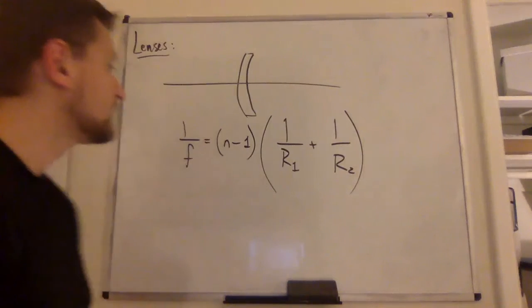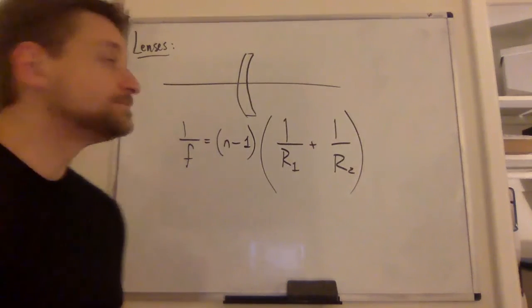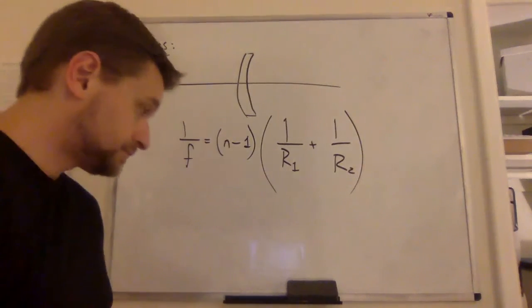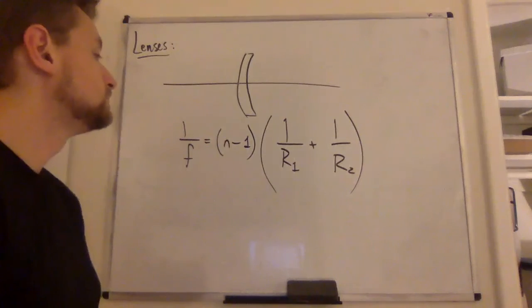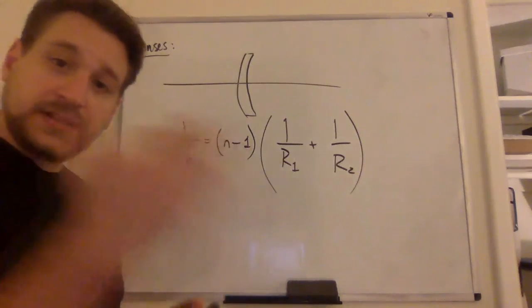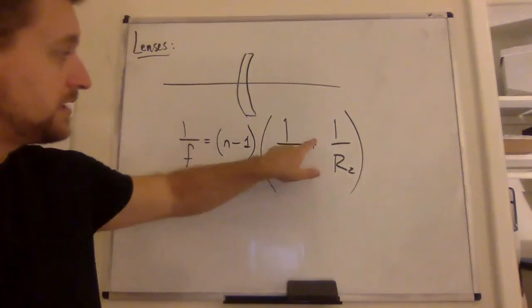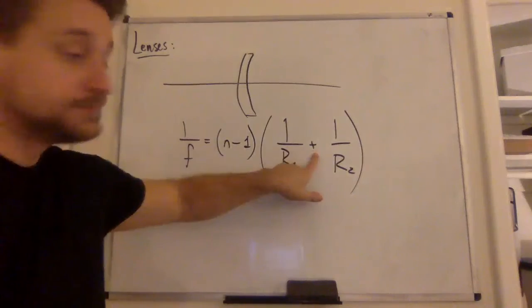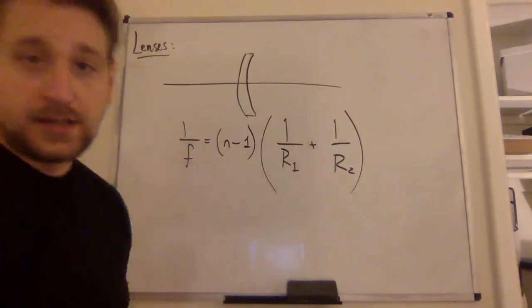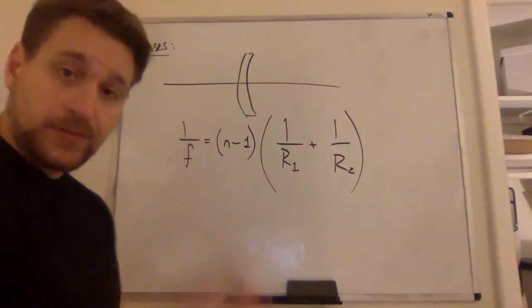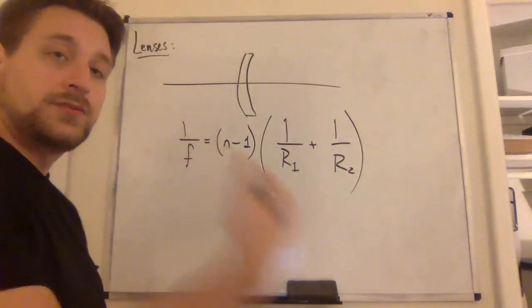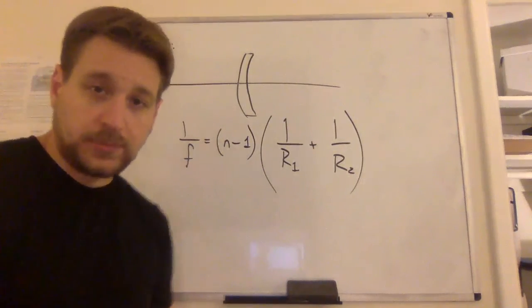We can prove it. The only trick here is that if you look up the lens maker equation, you might find it with a plus sign here, or you might find it with a minus sign here. Both are correct. It's just a matter of which sign convention we're talking about.